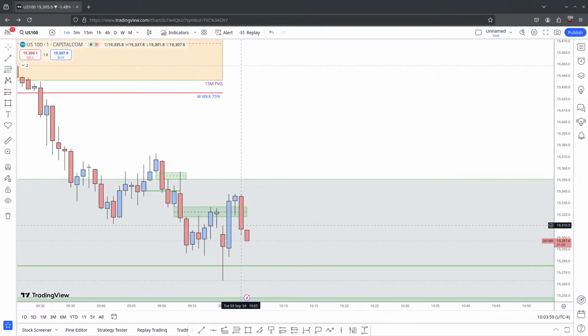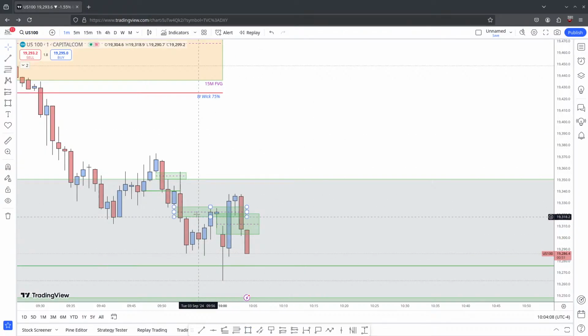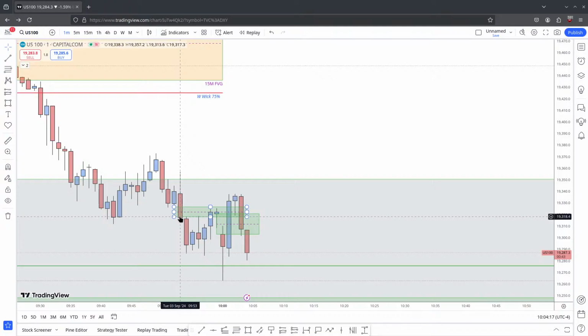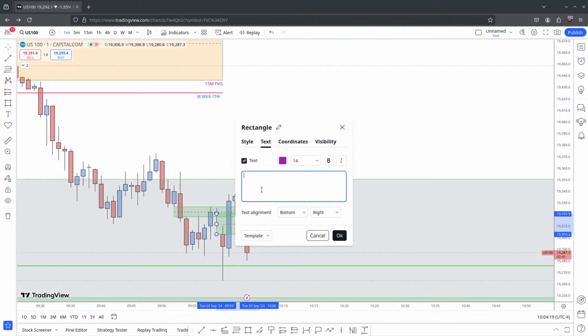We're inside of this gap. Now remember that these volume imbalances are one of ICT's PD arrays, and you're going to have to be fluid at this level.